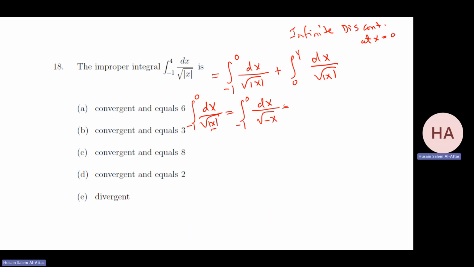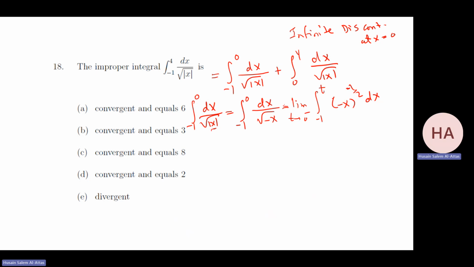Now this will be the limit as t goes to 0 from the left of the integral from -1 to t of dx over square root of minus x. Let me write it as minus x to the power minus half dx.